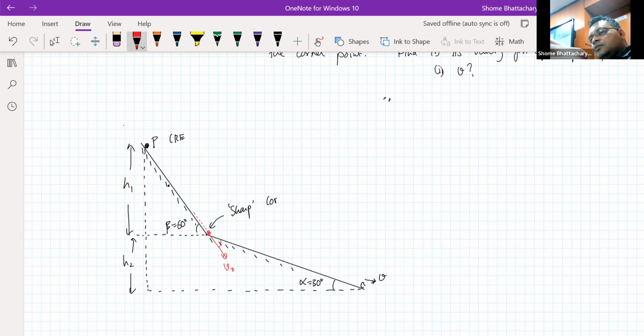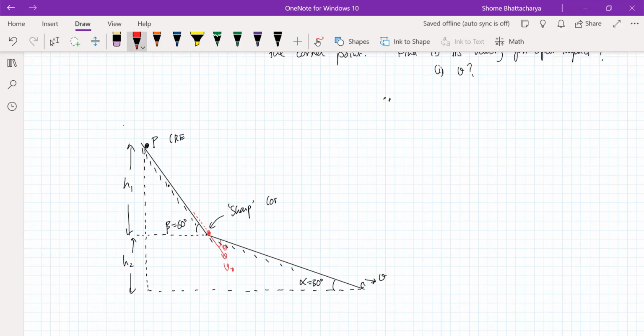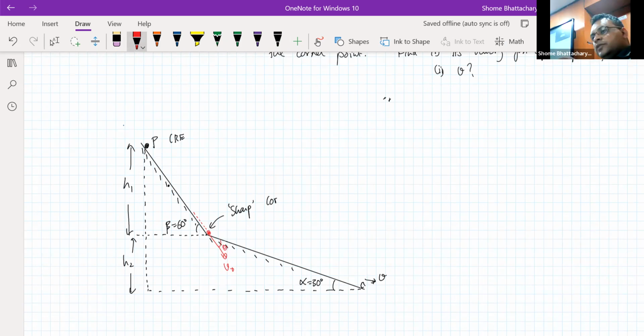So what will this angle be? Can you tell me? I take this 30. Yes, very good. That angle theta will be beta minus alpha, which over here by symmetry is 30.